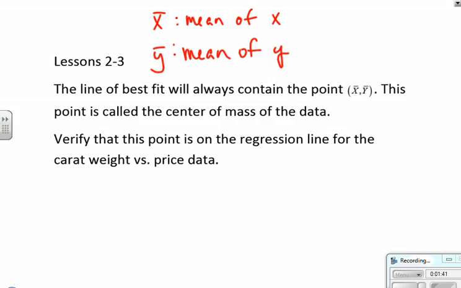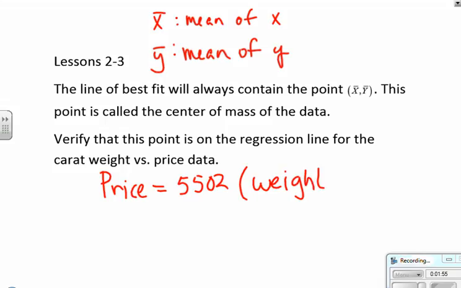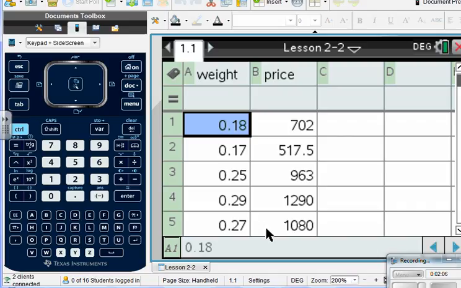The regression line that we found last class for that data was price equals 5,502 times weight minus 372.7. So we need to find the x bar and y bar numbers for that data.